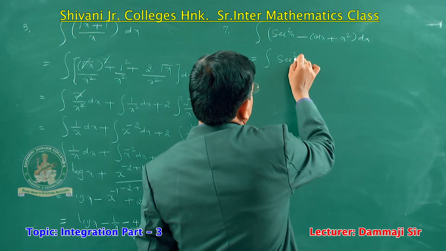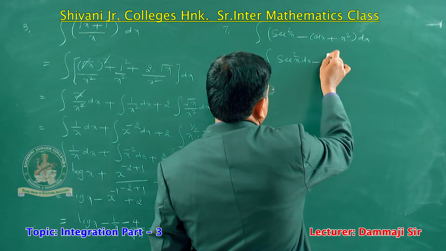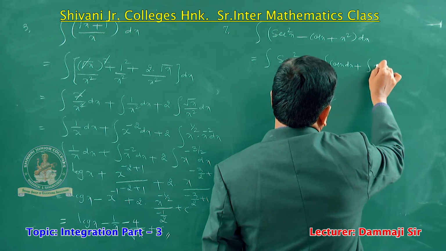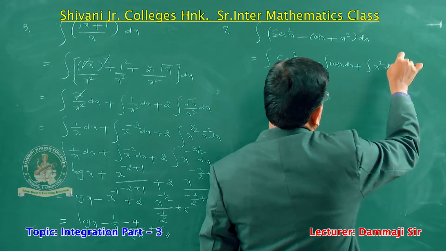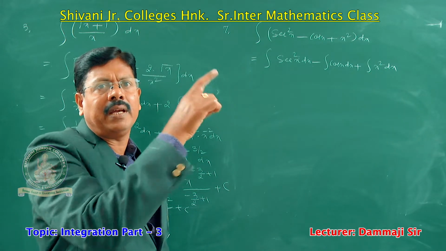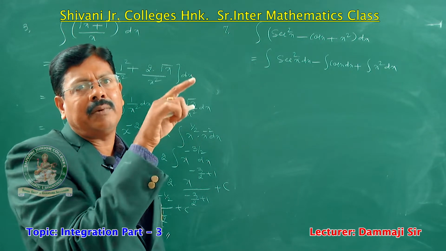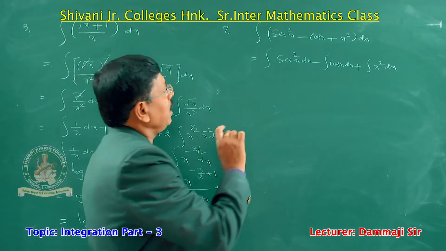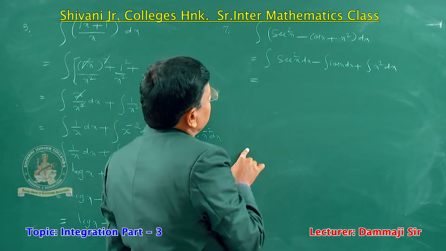What about the integral of secant square? You know very well. The integral of cos also. Then for the third term, x square, we also have the standard form. Enough, no need to enter trigonometry or algebra. Just search for the related standard integrations.